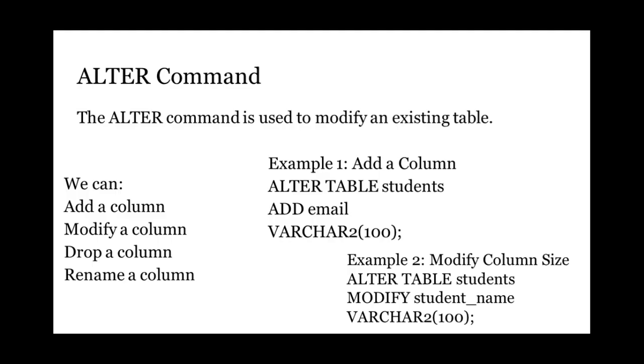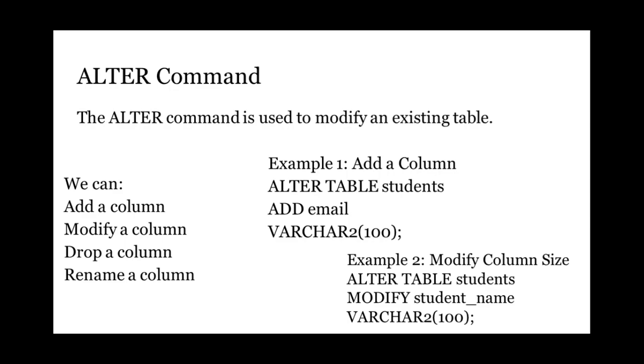Then second example, to modify column size. So here student name we have already taken 50 size for that as a varchar2 data type. So here we'll try to change the column size and we are changing it to 100 size. So for that we are having command alter table students modify student_name, that is column name, and varchar2 in the parenthesis new size for the column.